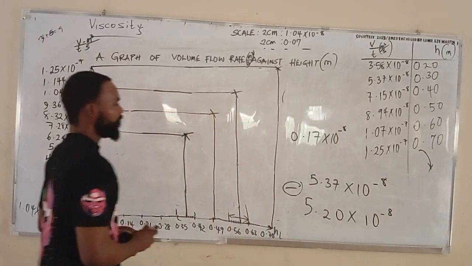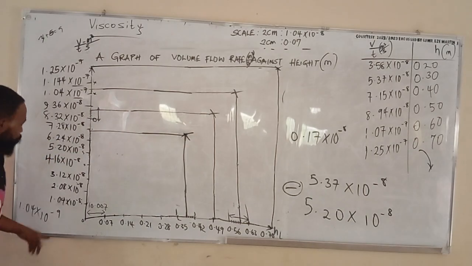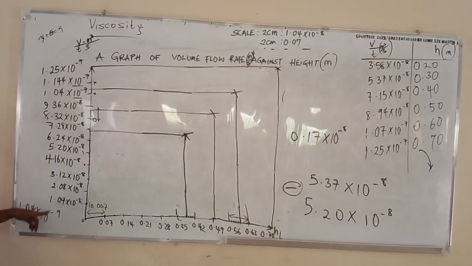Okay. I want to get to 5.37. Okay, do for me 6.24 times 10 raised to minus 8, minus 1.04 times 10 raised to minus 8.